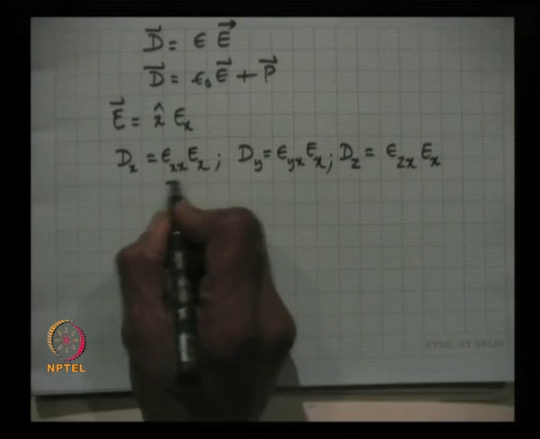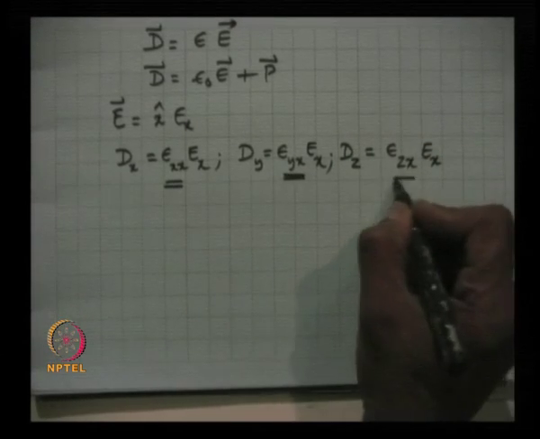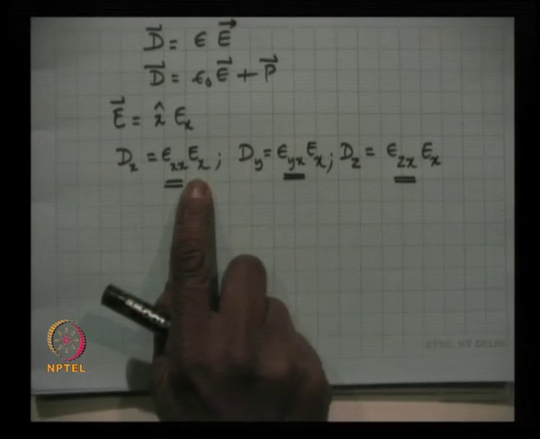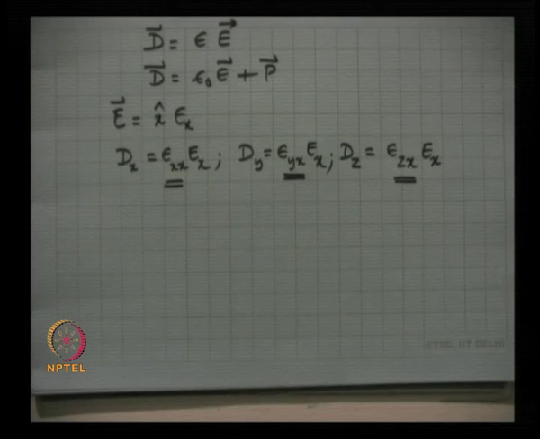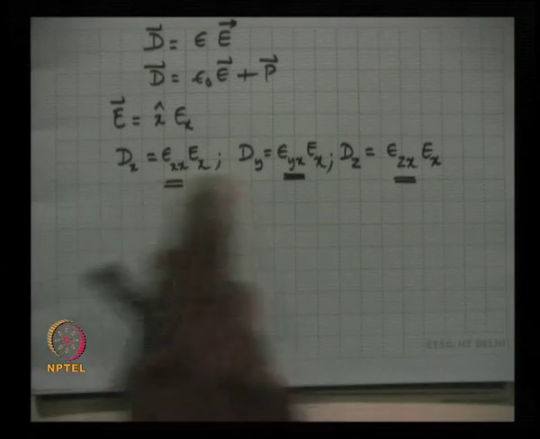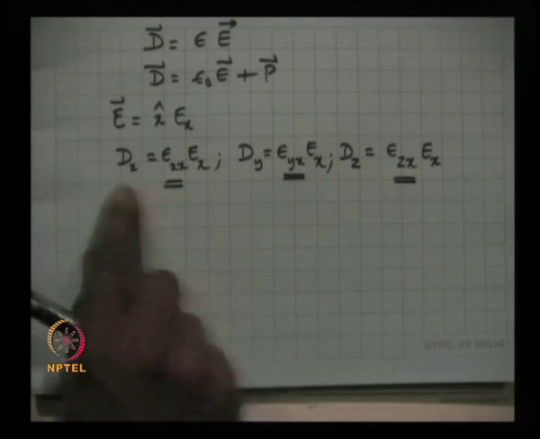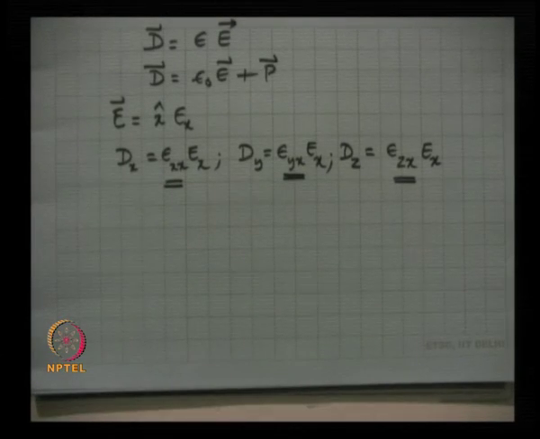So, these are 3 constants. I apply an electric field along some arbitrary direction which I call x, and I get displacement vectors along all 3 directions. That means the displacement vector has all 3 components Dx, Dy and Dz. Similarly, if I apply along the y direction, I will have another 3 components Dx, Dy, Dz, and along the z direction.